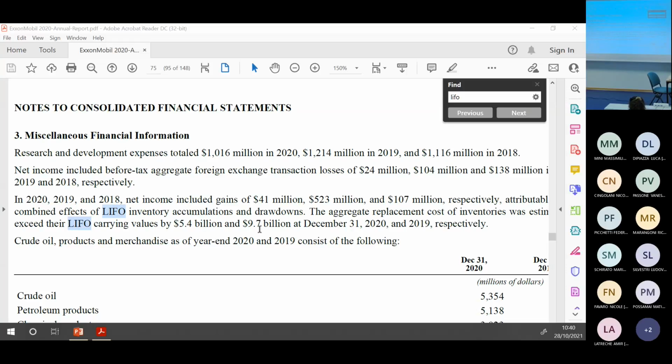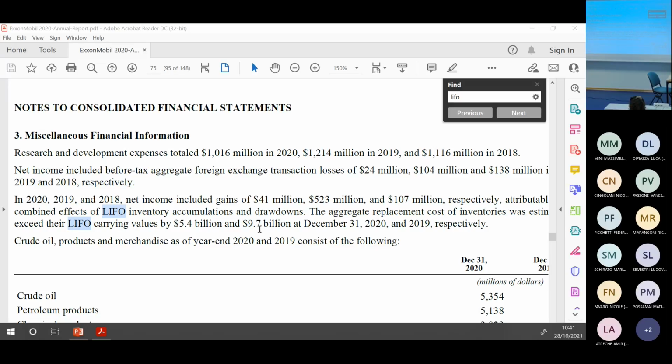The idea is that by applying LIFO, the value they report in the balance sheet is going to be lower than the current market value in case of increases in prices. And maybe in 2020 there were declines in the price because of the lockdowns and so on. There was overproduction of oil in 2020. Maybe you read about those tankers that could not dock because they were out of places to store the oil.